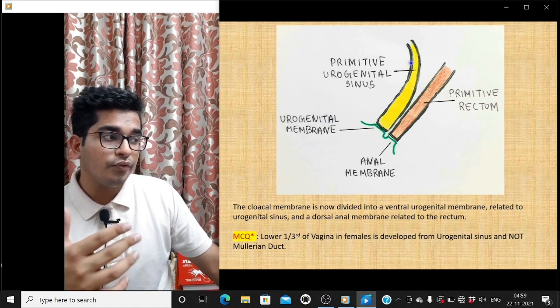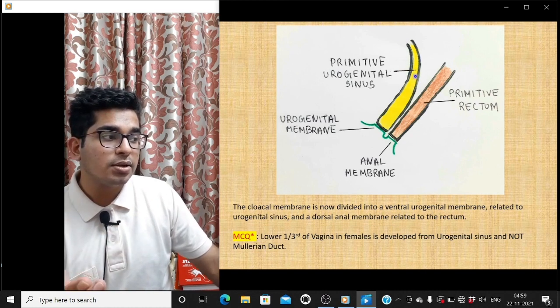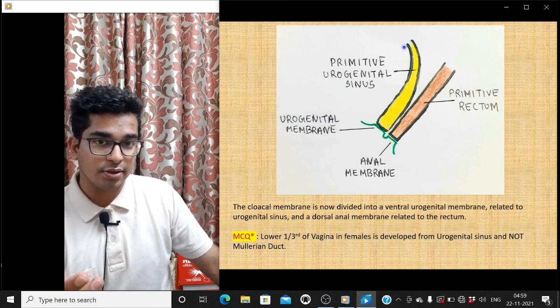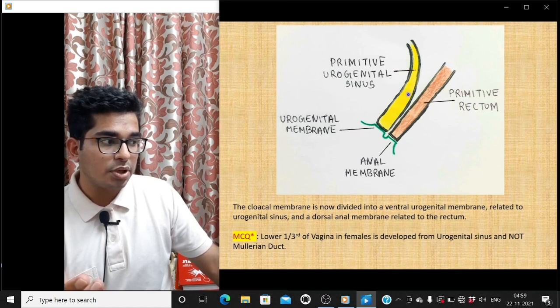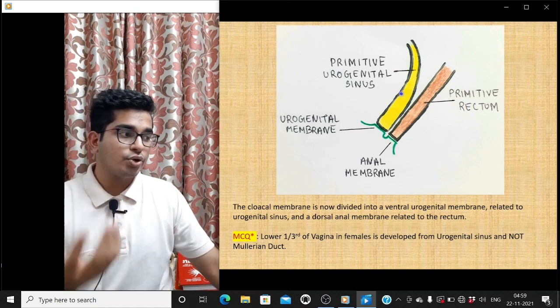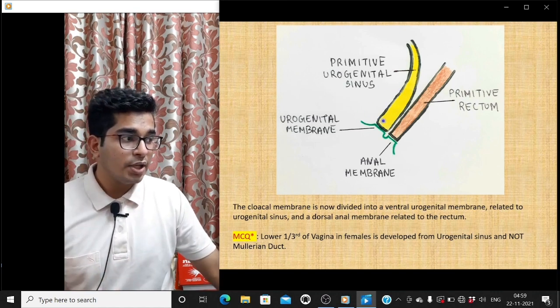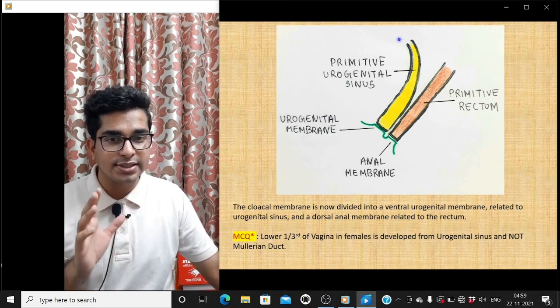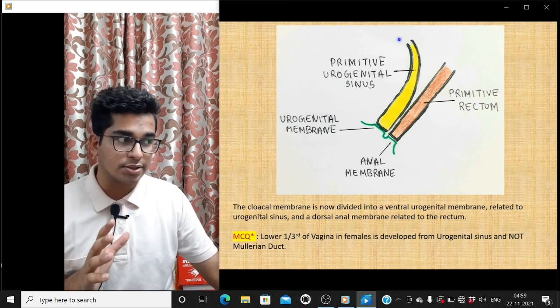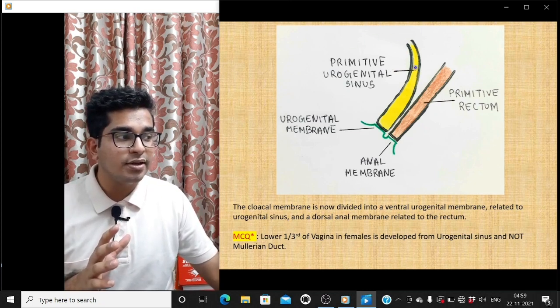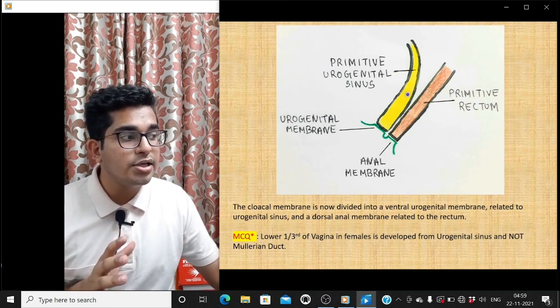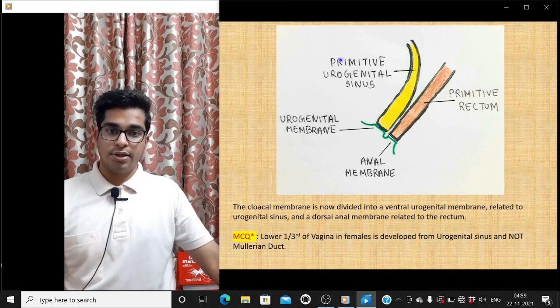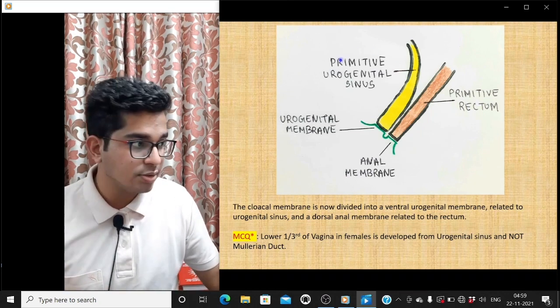Now, what happens if there is a persistent allantois? Okay, see, somewhere over here you will have a formation of your urinary bladder, urethra, and it is in direct connection with the allantois, which actually regresses in your adult life to form the urachus. So if this is persistent, you have urine continuously flowing out of your umbilicus. That is known as your weeping umbilicus.